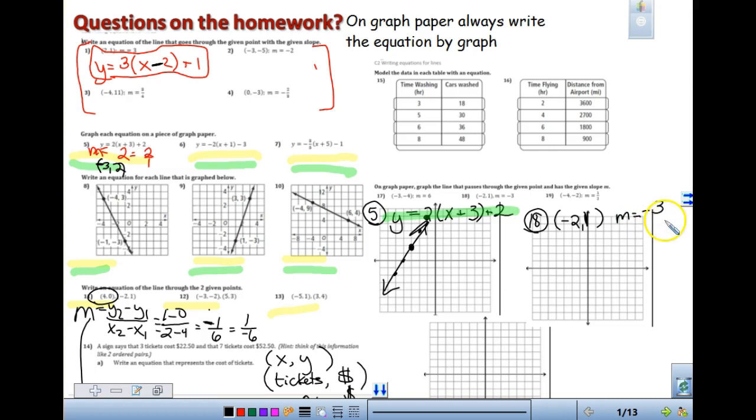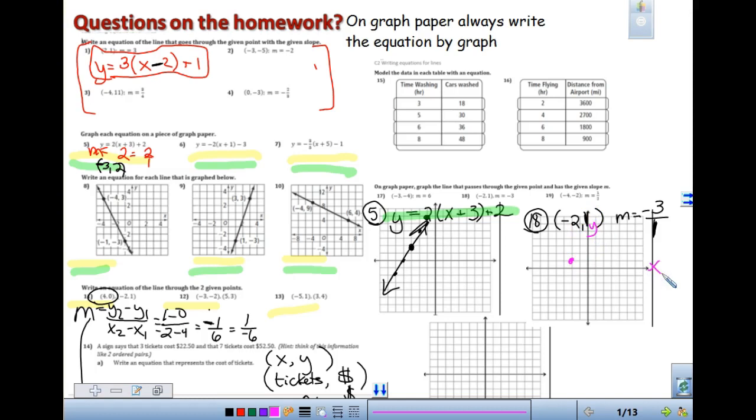Now when I put m equals negative 3, I might want to write it as a ratio, because it's slope, so negative 3 over 1. I am now going to go to my graph, and I'm going to plot the point negative 2, positive 1. That's my start point at my y and x axis.